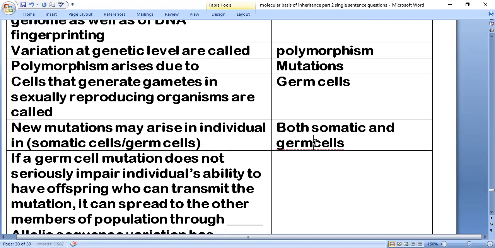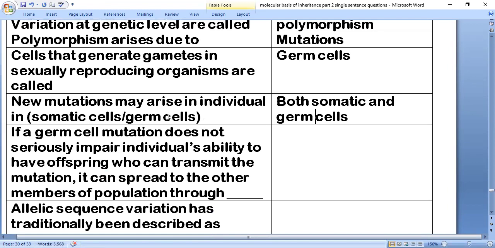If a germ cell mutation does not seriously impair the individual's ability to have offspring who can transmit the mutation, it can spread to other members of the population through sexual reproduction.